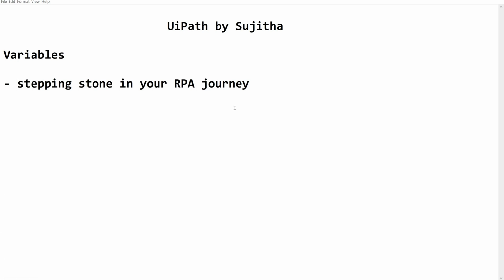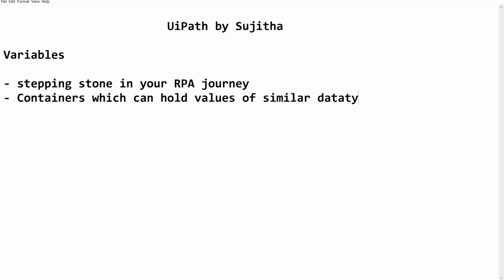In general language, we can compare these to containers. Variables are nothing but containers which can hold values of similar data types. We'll come to data types later. When we are storing data into this variable or container, the same kind of data is going to be stored in this container, which is nothing but a variable.